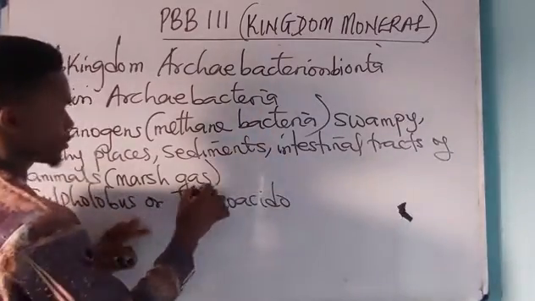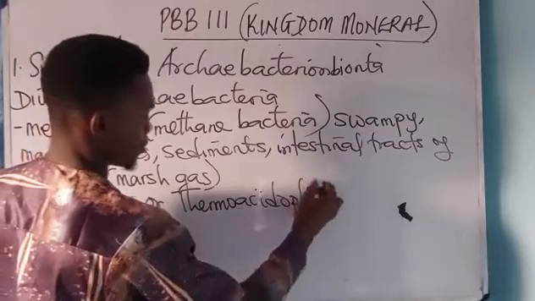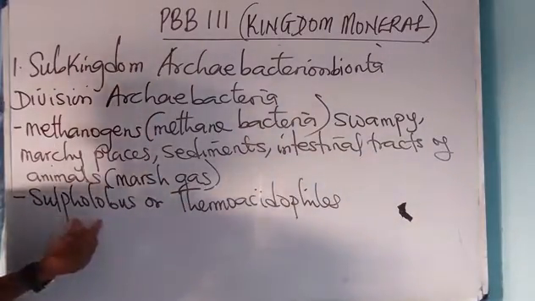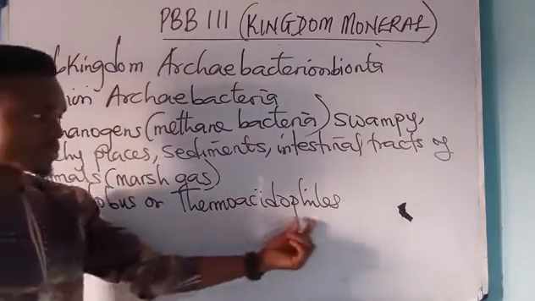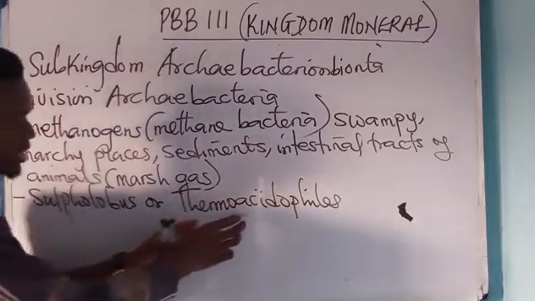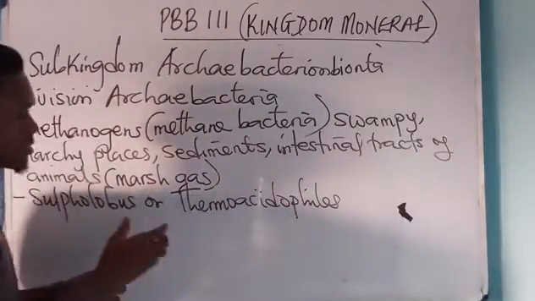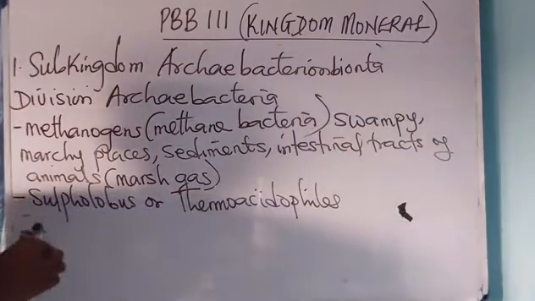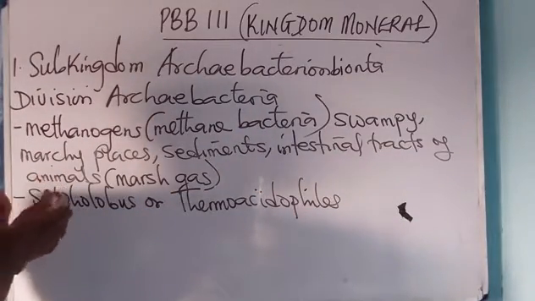Thermoacidophile. Thermoacidophiles, okay? The Cephalobus are otherwise called what? Thermoacidophiles. Now, as the name implies, sulfur, thermo, then acid. Which means these bacteria are only found in places that have a high concentration of what?